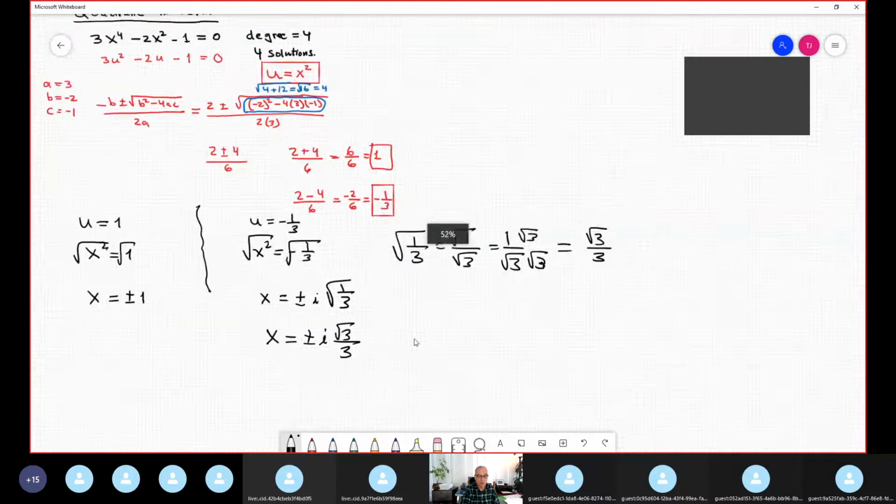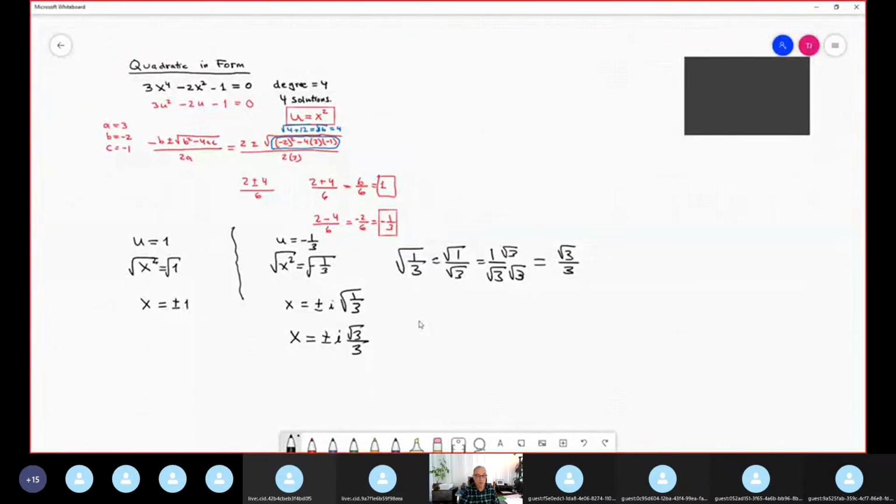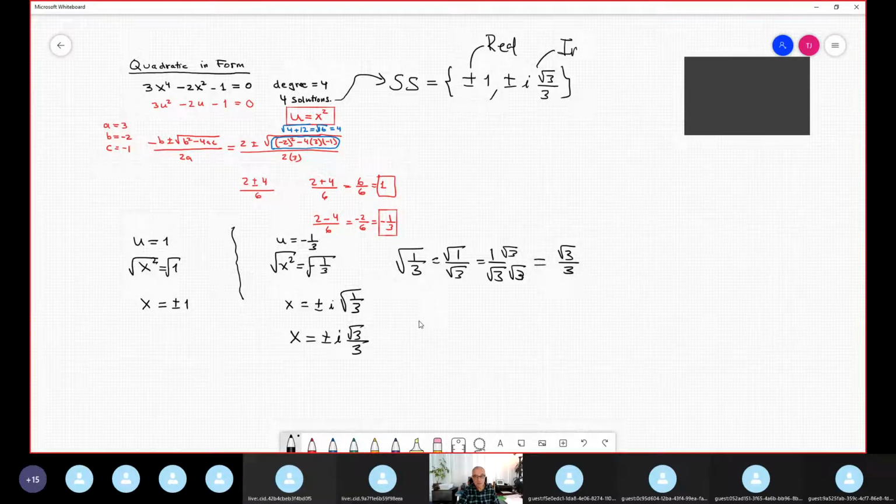Okay, so what is the solution? How many solutions? Well, we expect 4 solutions. Remember at the beginning I said 4 solutions. The solution set is, it doesn't matter the order, plus or minus 1, you can write like that, and plus or minus i radical 3 over 3. So we have 2 real solutions, this is real, and this is the imaginary solution.